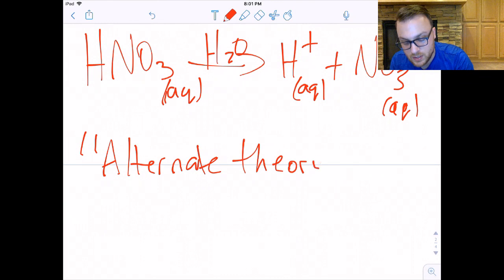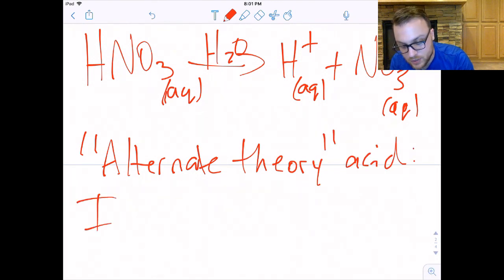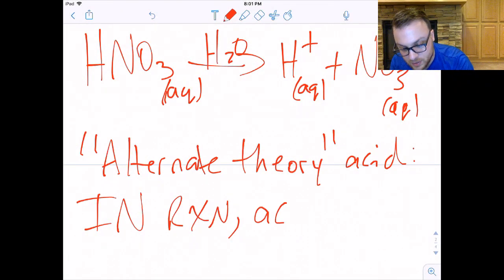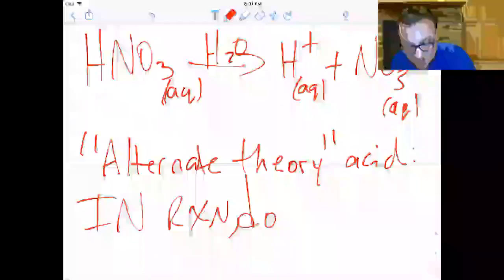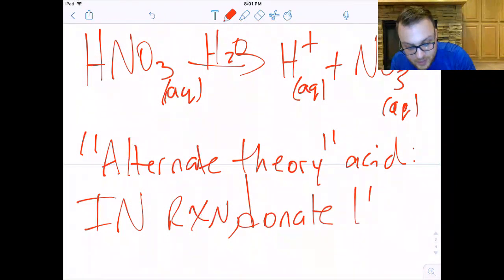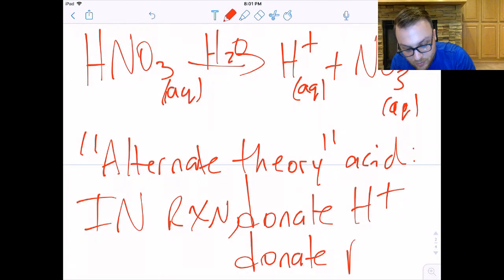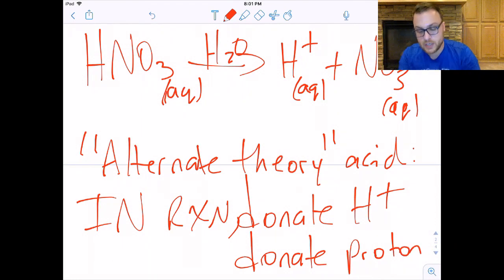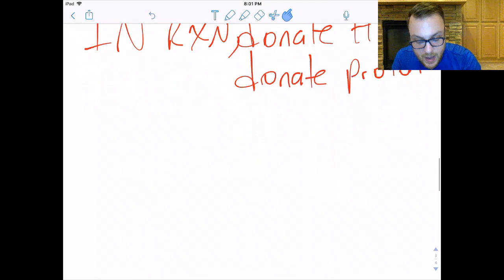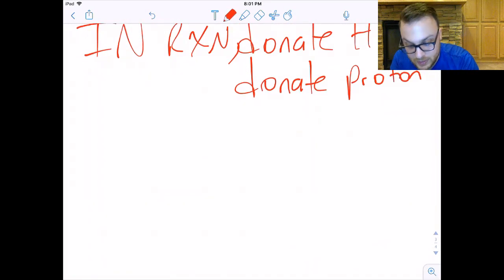And the alternate theory for an acid is that in a reaction, they donate H+, or sometimes they'll word it as a proton. So, an acid in a reaction would, let's say, for example, you see a reaction like this.